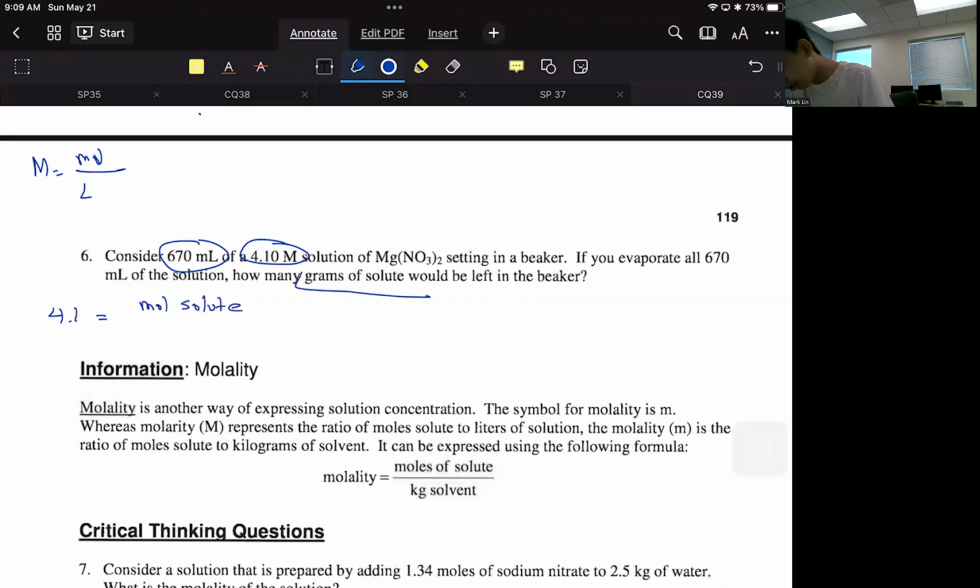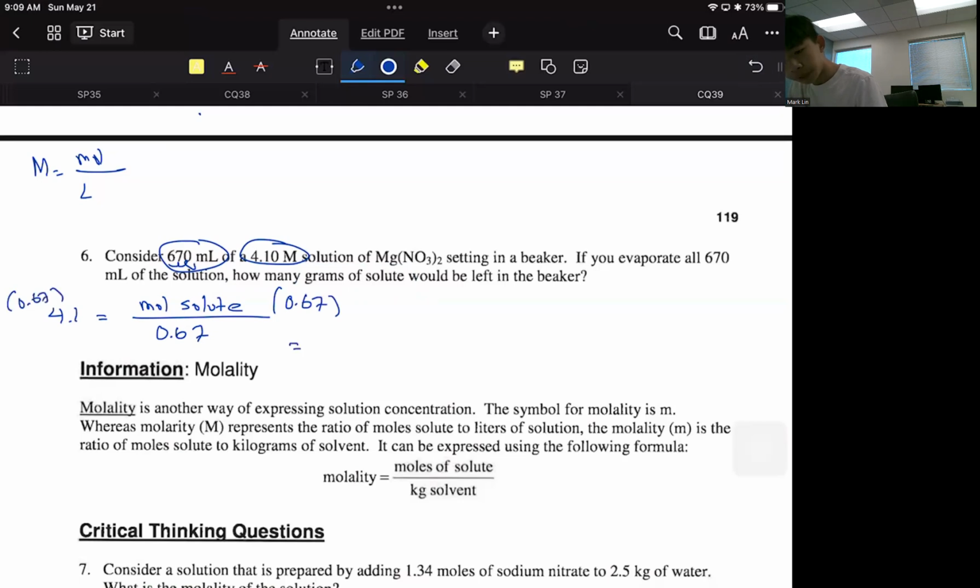Sorry, it says grams of solute. How many grams of solute? We don't know our solute, over liters of solution. You move 3 decimal places to the left, 1, 2, 3, 0.67. So you multiply both sides by 0.67.